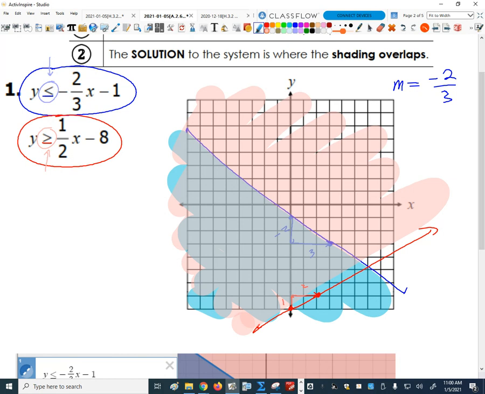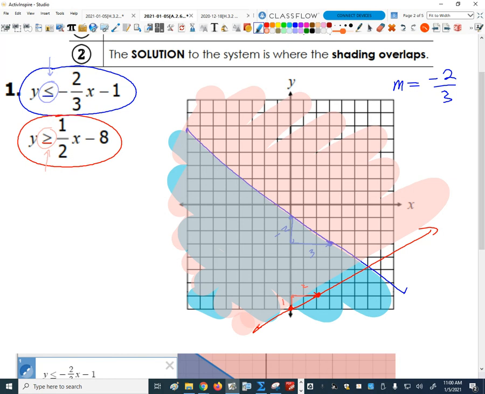Well, in this case, it's a little bit bigger than that, isn't it? Right? The solutions involve boundary lines, but also shaded half planes. So the solution must be the overlapping region then. It's the collection of all of the points that are part of both shaded regions, right? So you can see it's this part in here, isn't it?